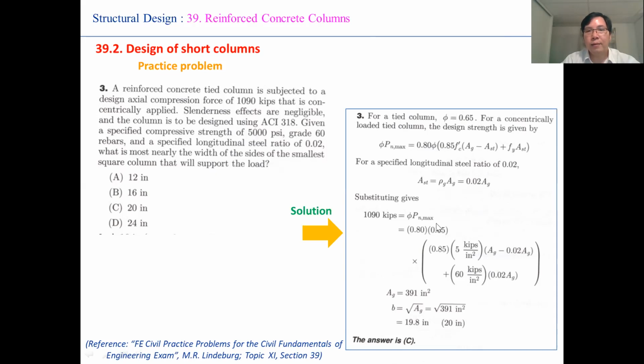And after that, you can finally calculate B equal to the square root of Ag, and you can calculate B equal to 19.08 inch. So the good answer is C.